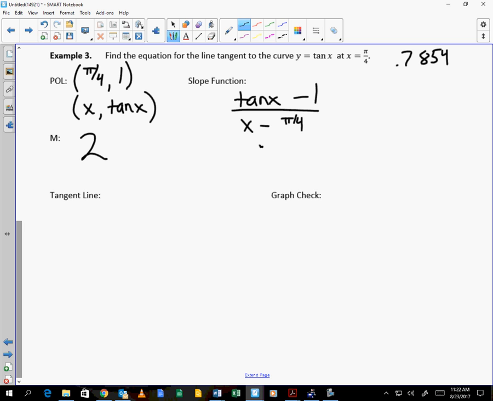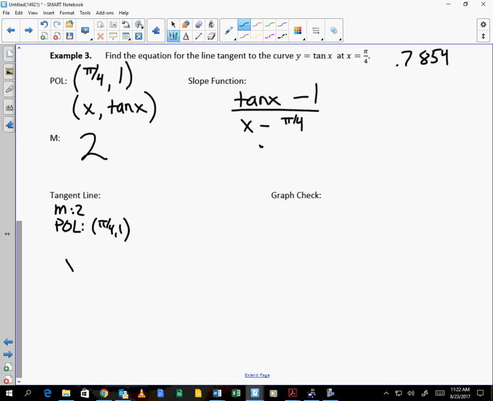You go off the x value. We're approaching pi over 4. So the tangent line, we're going to write that equation. The slope is 2, and the point on the line is pi over 4, 1.